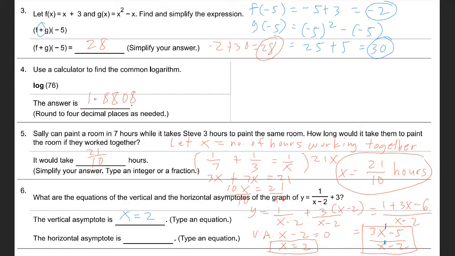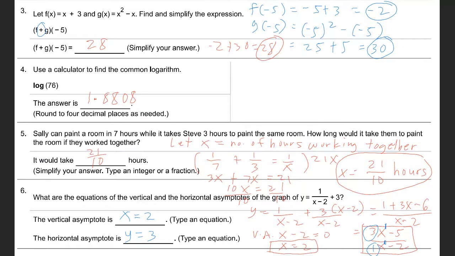So what the rule says, you just have to look at the coefficient of the leading term divided by the coefficient of the leading term at the bottom. Which you do not see, that is understood, you have a 1 here, and 3 divided by 1 is 3, and you just have to write the variable y equals that number. So 3 divided by 1 is 3. So y is equal to 3 is the horizontal asymptote.